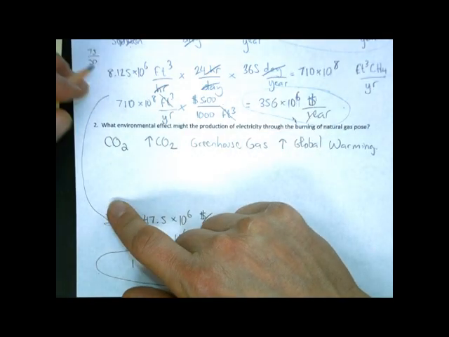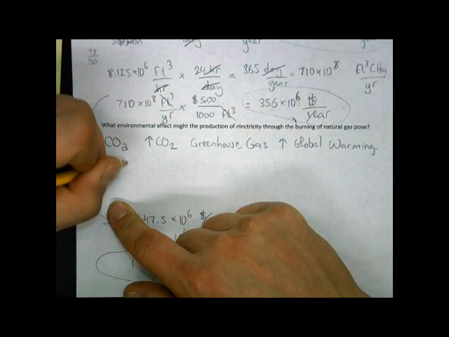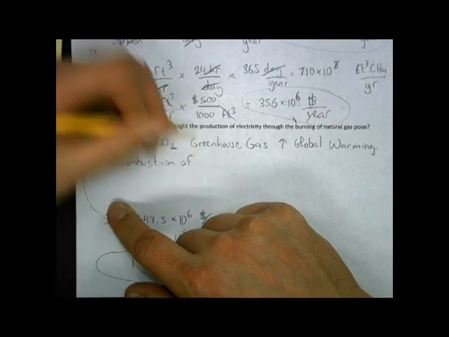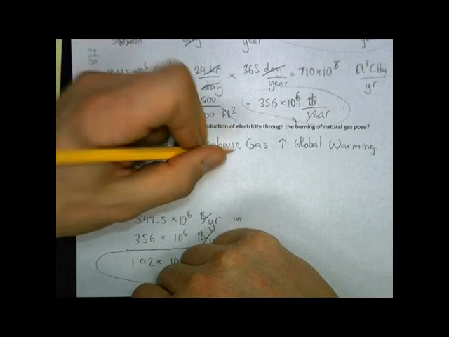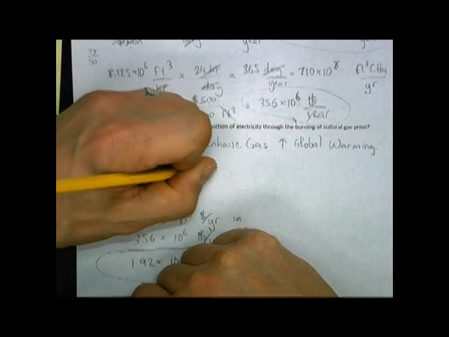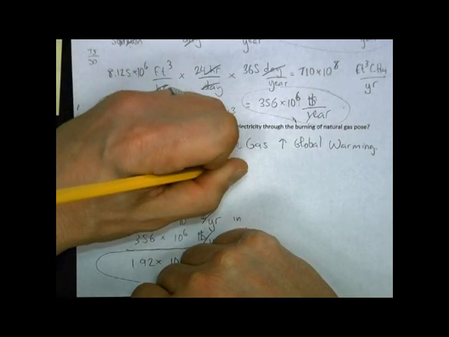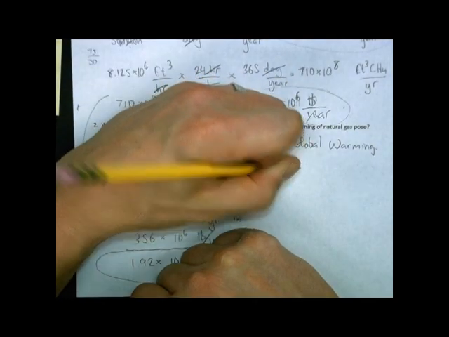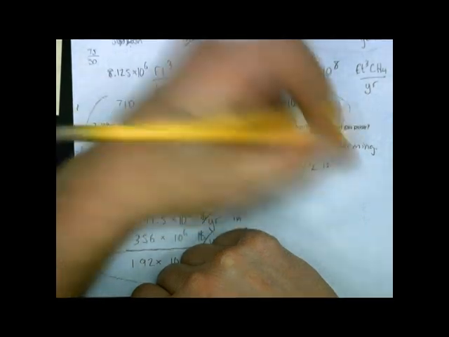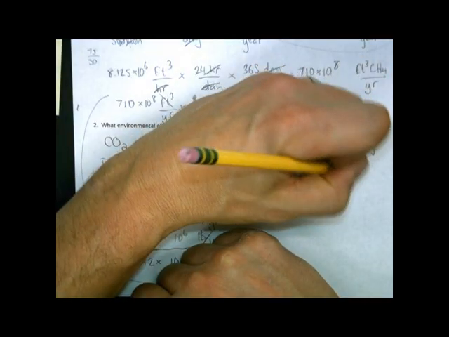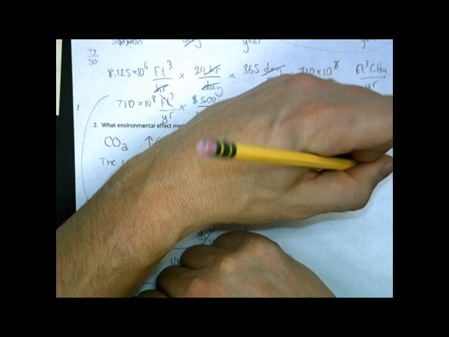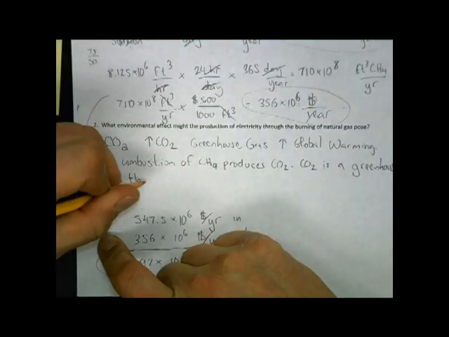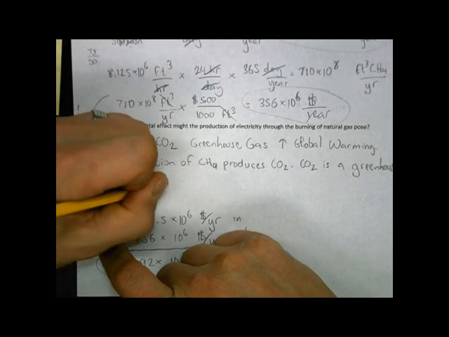So, written out, combustion of natural gas produces carbon dioxide. CO2 is a greenhouse gas. And it's always good to lay out what they do. That traps heat in the atmosphere.